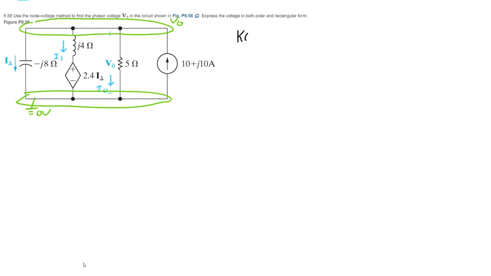Anyway, so KCL: we've got 10 plus J10 amps going in, I delta leaving, I1 leaving, and IO leaving. Equations for components.